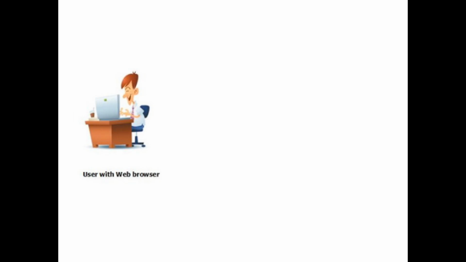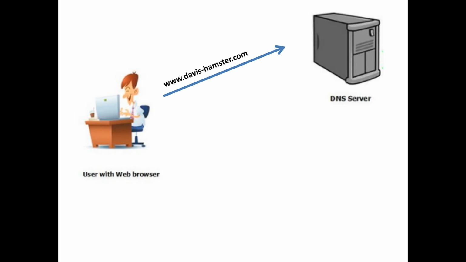So let's say this is a user and he intends to go to a website called davis-hamster.com. He uses Google Chrome or Firefox. The first thing that the system or the network will do is send a packet, or data, to a DNS server.